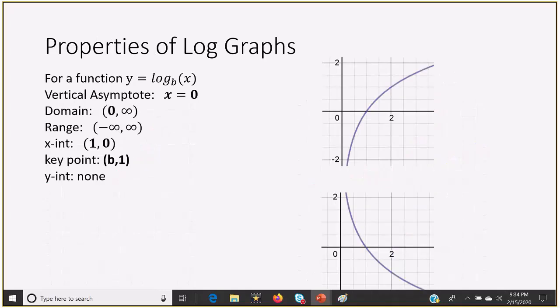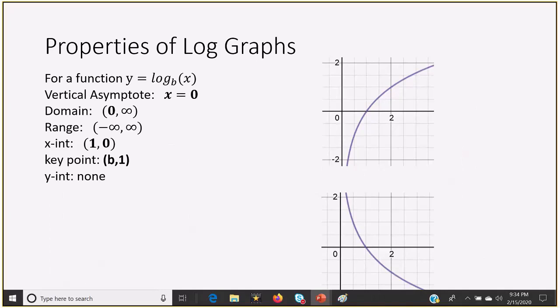Now to talk about all the properties, just like we did with an exponential. If I have a function y equals log base b of x, my vertical asymptote is going to be x equals 0, which makes sense because my domain is 0 to infinity. My range will be negative infinity to infinity. My x-intercept is going to be (1, 0), and this would be true regardless of what your base is.